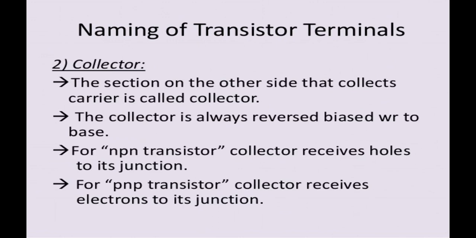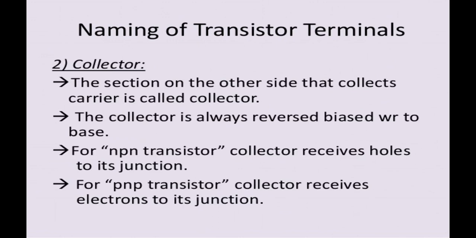Means if the transistor is NPN, then it collects holes from the junction. Which junction? Emitter and base junction.